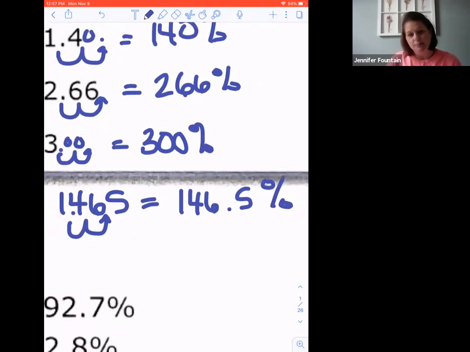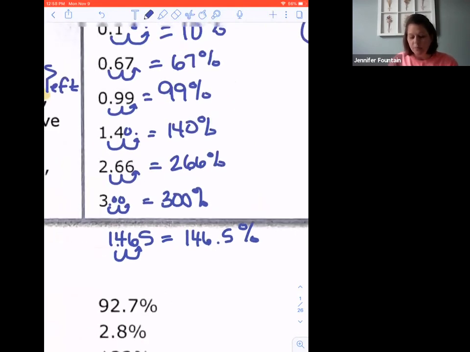But if it doesn't have a number after where the decimal needs to go, then I don't have to have it. So like 300%, I don't have to have a decimal after that last 0. The only time I would have to have another decimal in my percent answer is if when I moved it 2 places, there's still a digit. Everybody good with that?